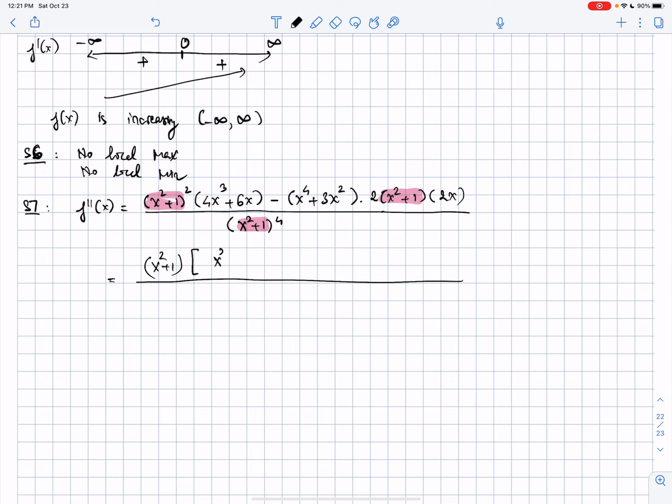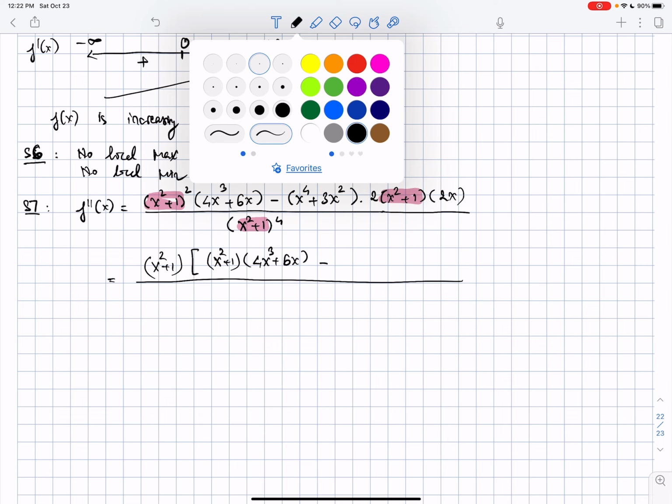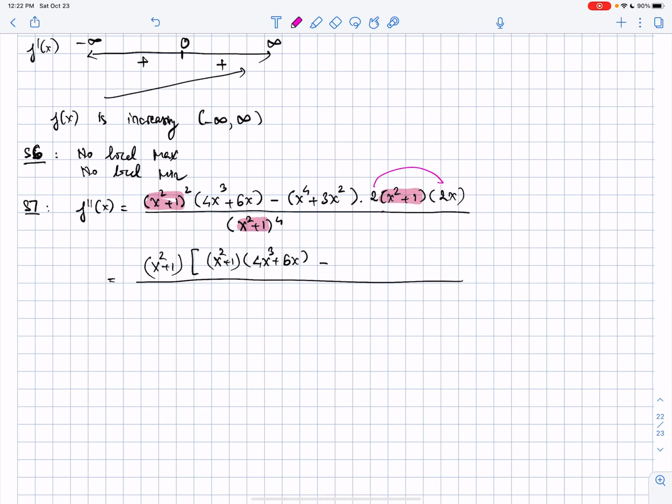The first (x squared plus 1) still has 1 left, and then 4x cubed plus 6x, minus, I multiply this and this because the x squared plus 1 is gone, 4x times (x to the 4 plus 3x squared).